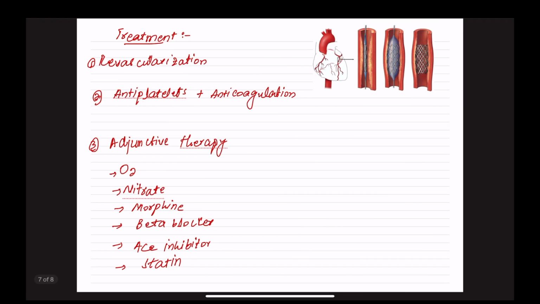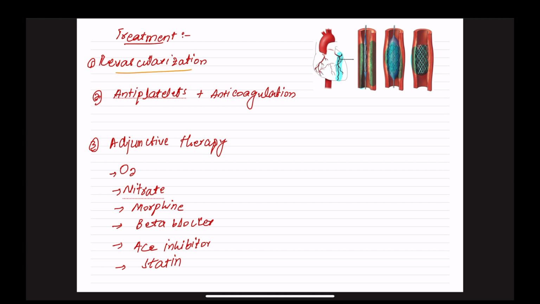Now let's talk about the treatment. Right here you can see that a stent is placed. The left coronary artery was blocked here, and through the placement of a stent, the balloon is inflated and a stent is placed, and there is opening of the blood vessel and restoration of the blood.